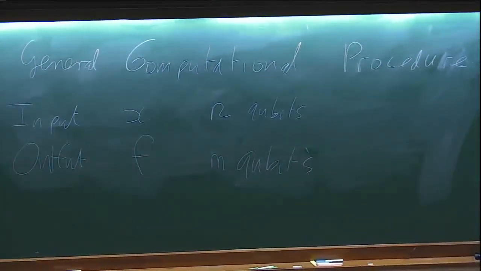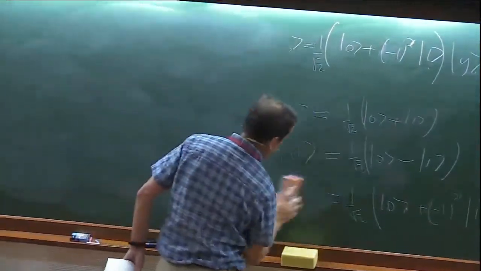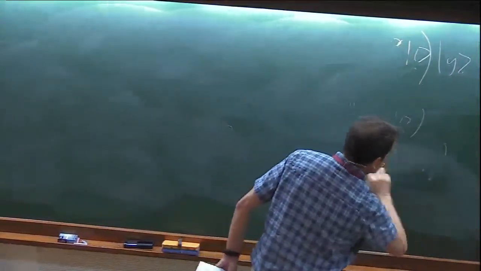As we've emphasized, in order that the procedure is reversible, we need to keep both sets of qubits, both in the initial state and the final state, in order that it can be reversible, invertible.